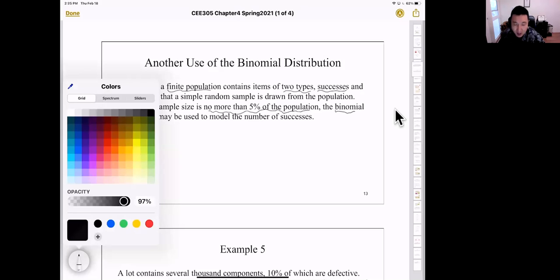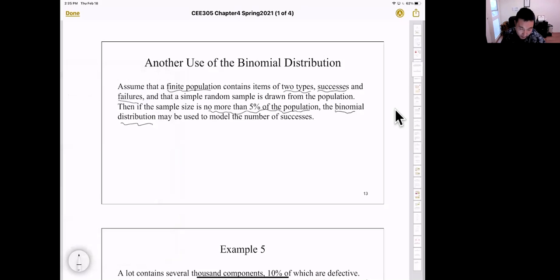Again, going back to the corroded reinforced concrete example. If we have 1,000 concrete specimens, that is the population.